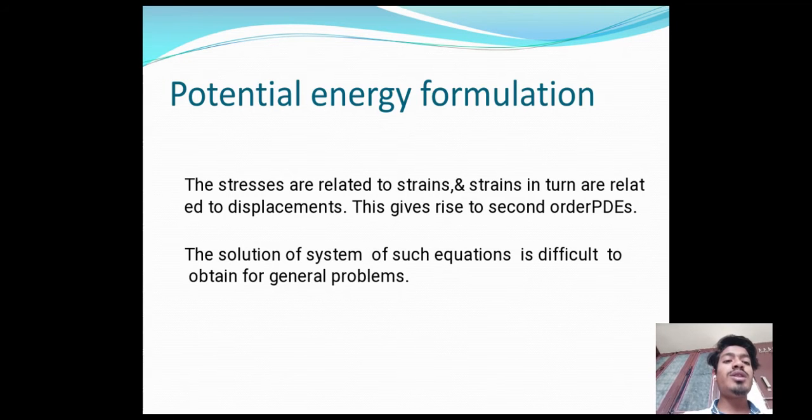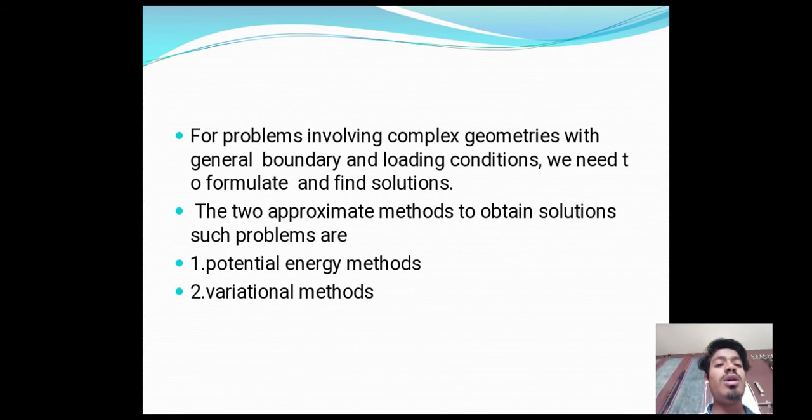The solution of a system of such equations is difficult to obtain for general problems. For problems involving complex geometries with general boundary and loading conditions, we need to formulate and find solutions. The two approximate methods to obtain solutions to such problems are the potential energy method and variational methods.